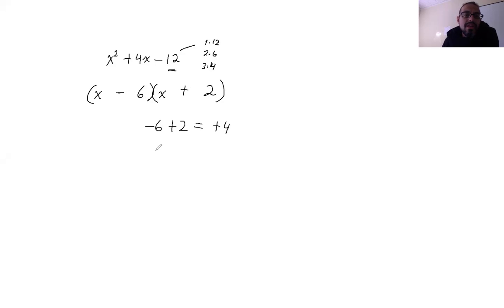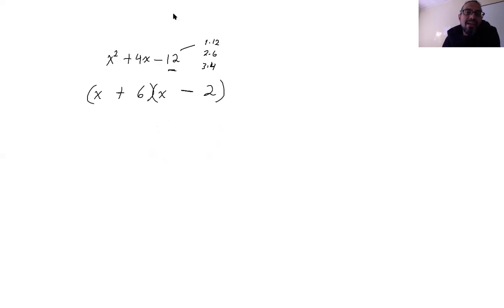No, it isn't. It's plus 6 minus 2, which is equal to positive 4. So we need the plus with the 6, and we need the minus with the 2. And there's your answer.